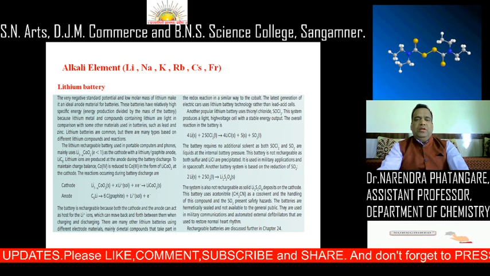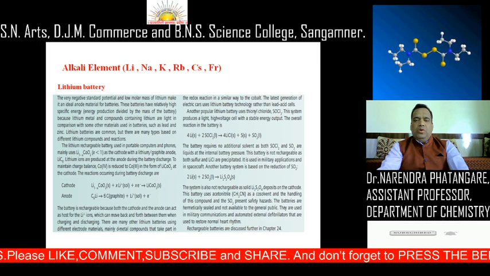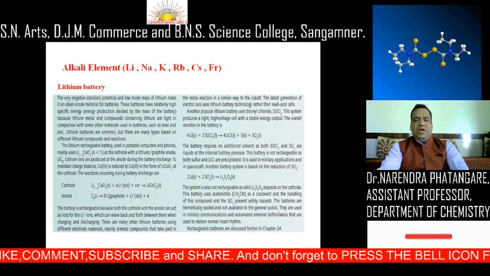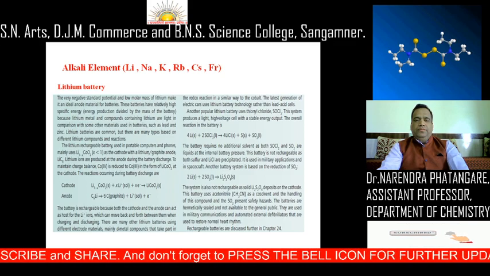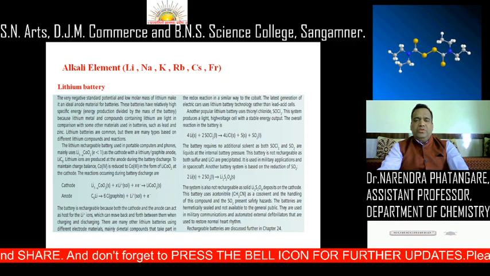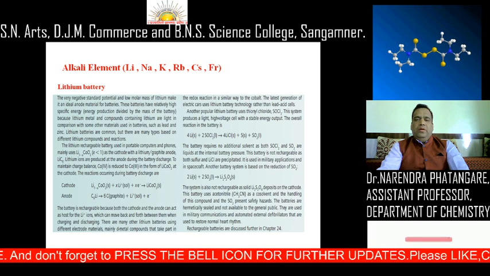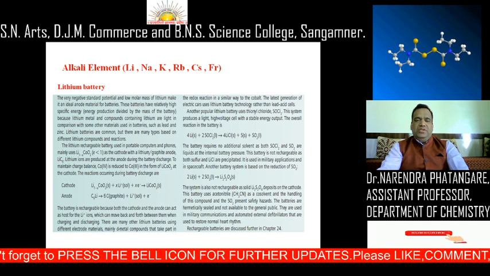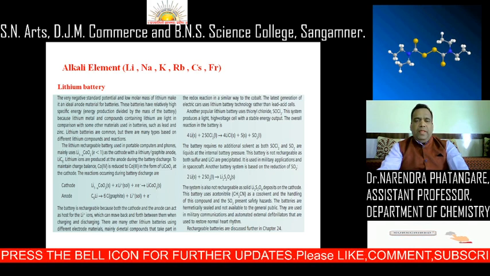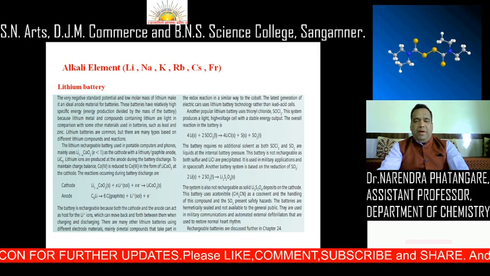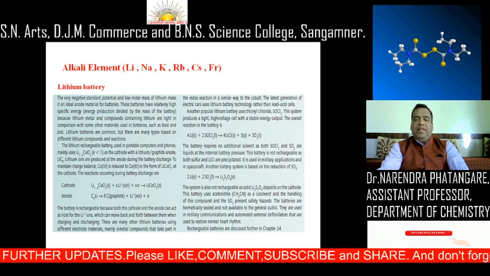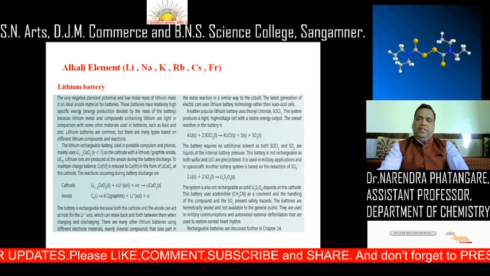At the cathode, the reactions occurring during battery discharge are given below. LiCoO2 with cobalt in the plus 4 oxidation state gets reduced to cobalt in the plus 3 oxidation state, while at the anode, C6Li splits into 6 carbon in the form of graphite and lithium, which goes into solution.